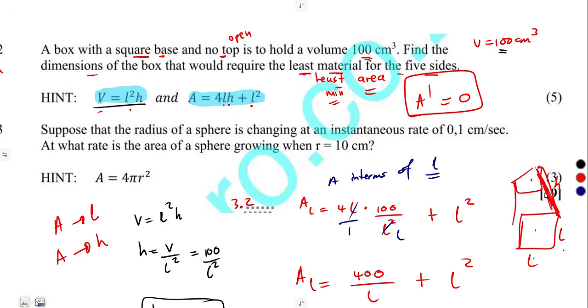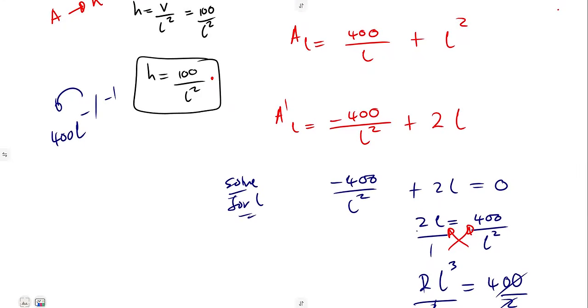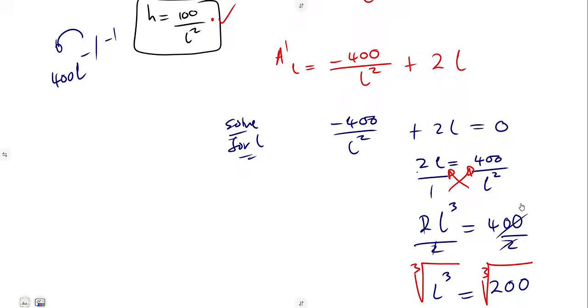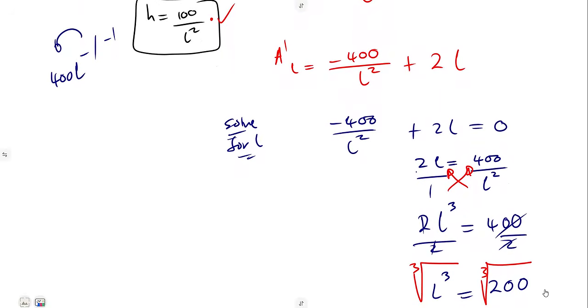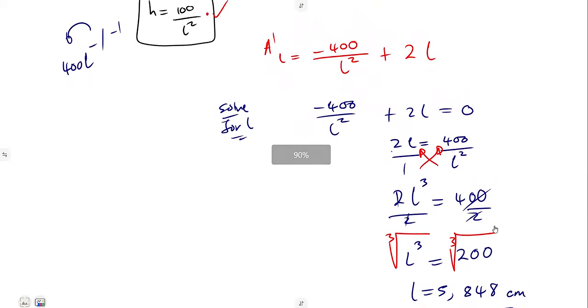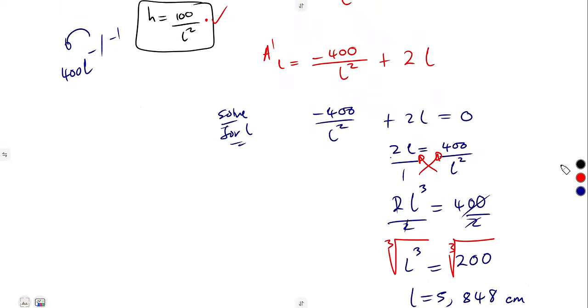the height in between. So that height is taken from where? From here. We already have that height as the subject of the formula here, height in terms of L. So to find the height from the length that we just calculated, let us find our height. So our height, therefore, is going to be 100 over L squared.